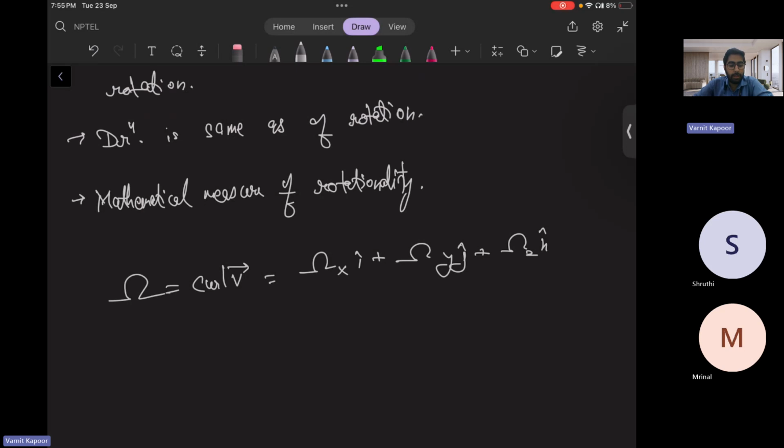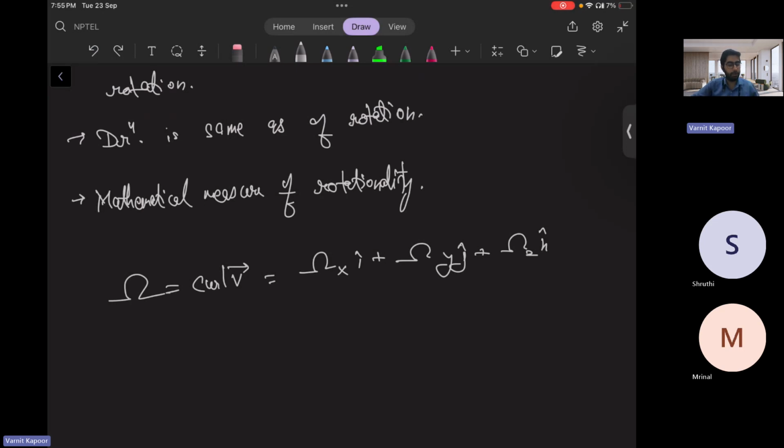So rotation has a half, vorticity doesn't have a half. Always remember like this.